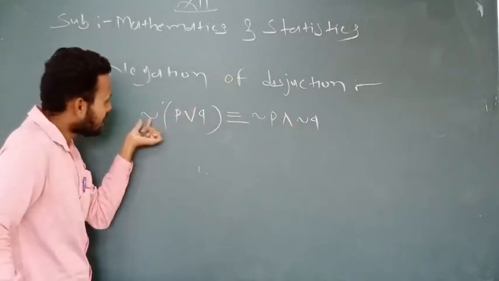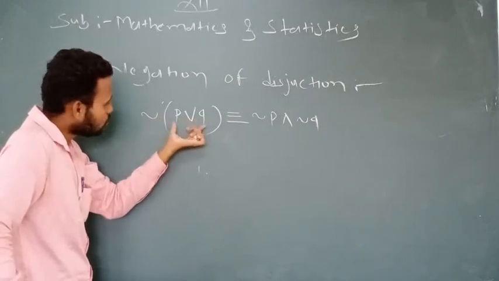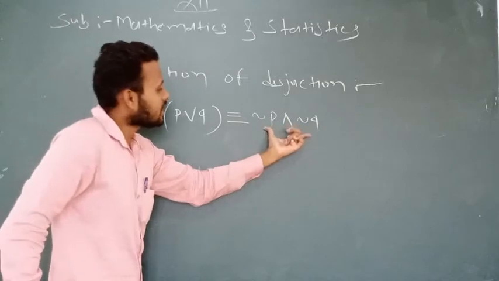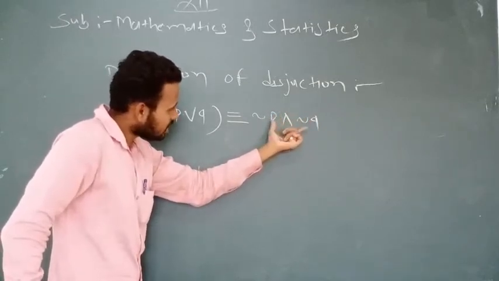Or, the negation of a disjunction of two simple statements is the same as the conjunction of their negations.